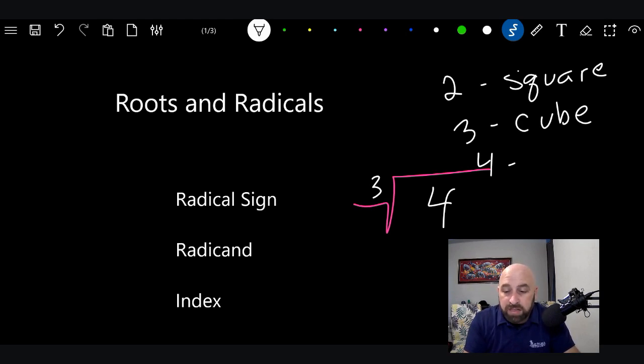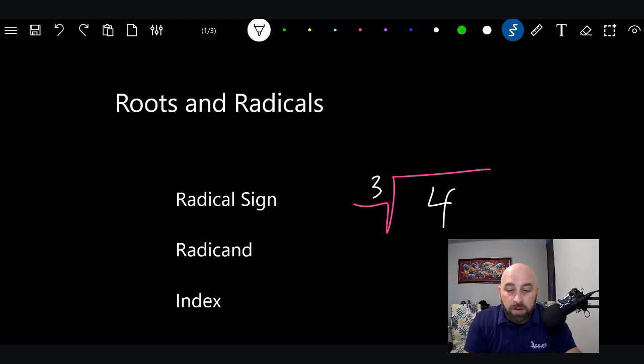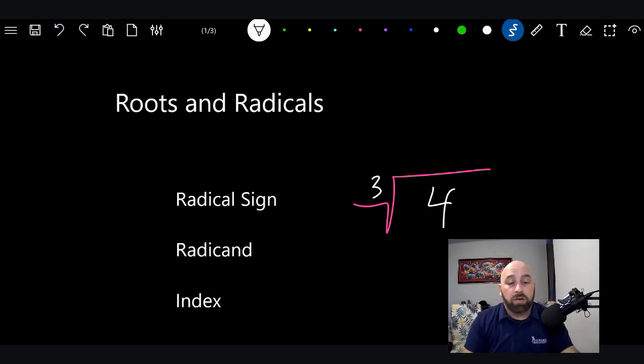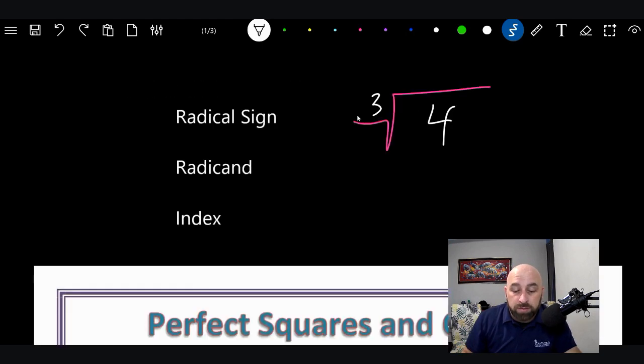There's no fancy names. So square root and cube root. And that's the same as when we square and cube numbers. So that should be easy for you to remember. All right, so those are the main parts, the main pieces, if you will, to the radicals, to these radical numbers, to these roots that we'll be using.